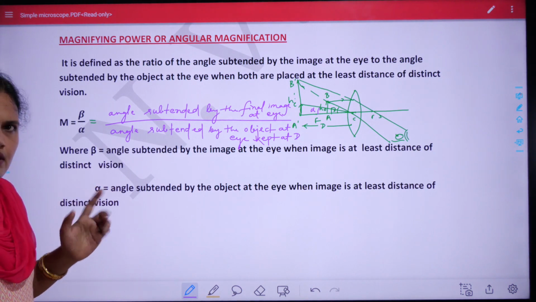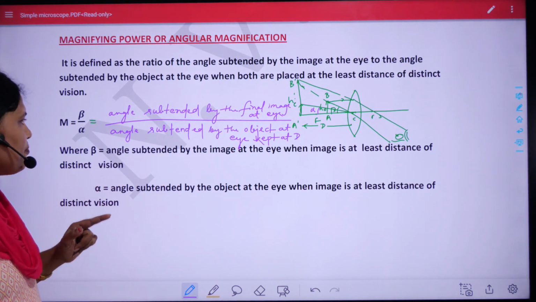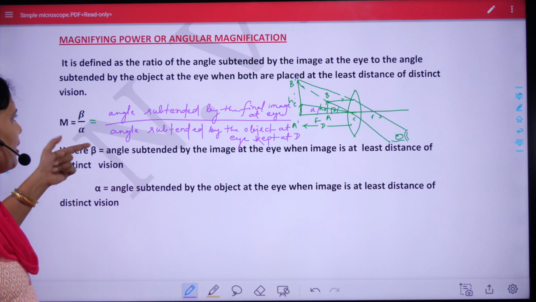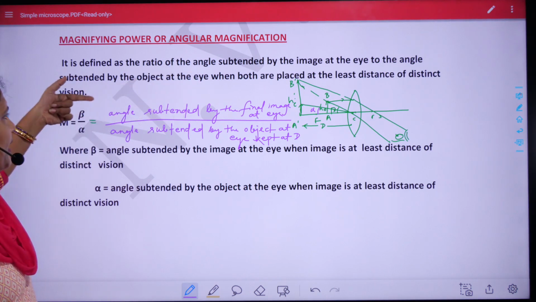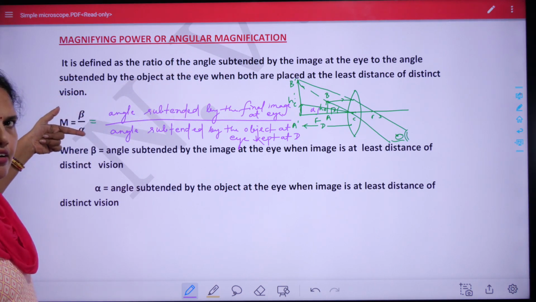All of you clear now? How we can find the magnifying power? Beta by alpha. Now let us put the formula and find the value of beta and alpha.